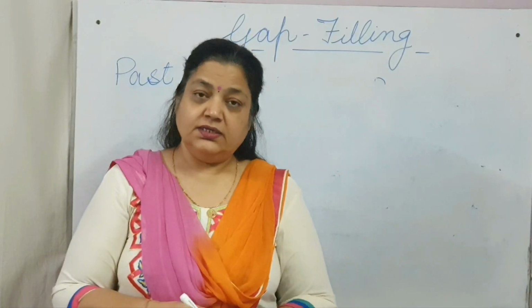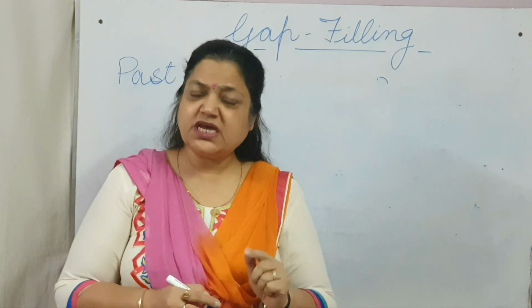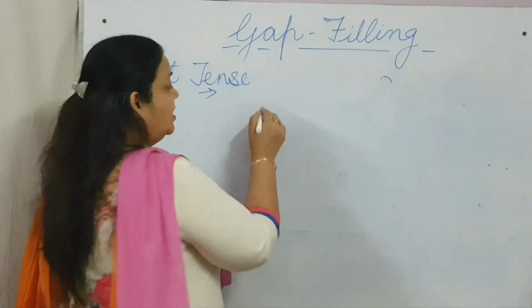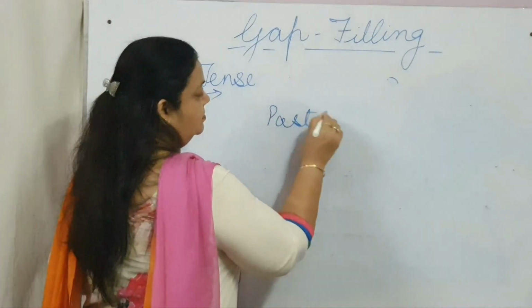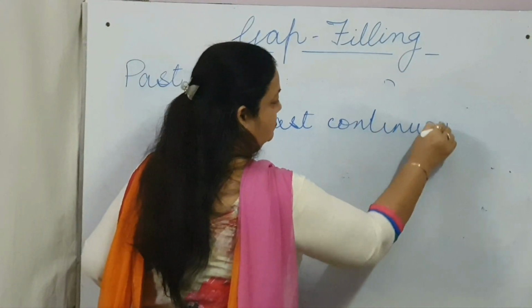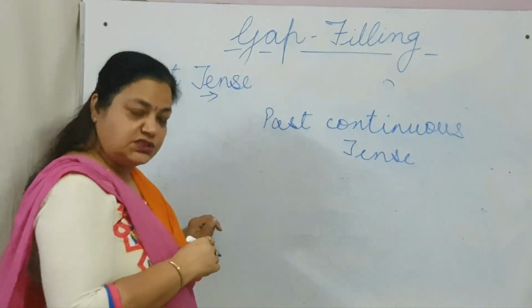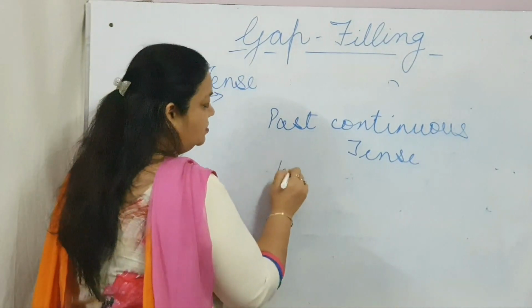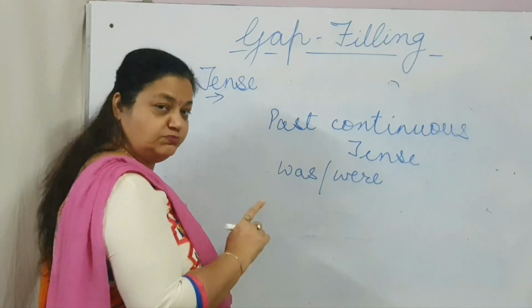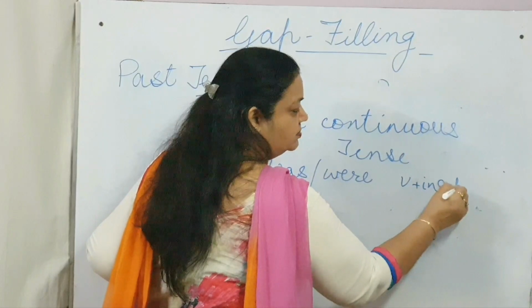If the sentence is showing some type of continuity in the past, then we choose past continuous tense, where we use was or were depending upon the subject, taking the verb in its ing form.